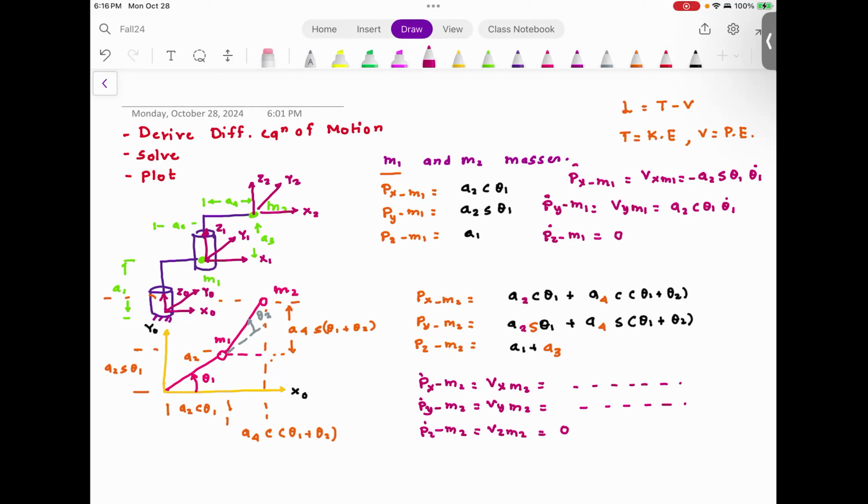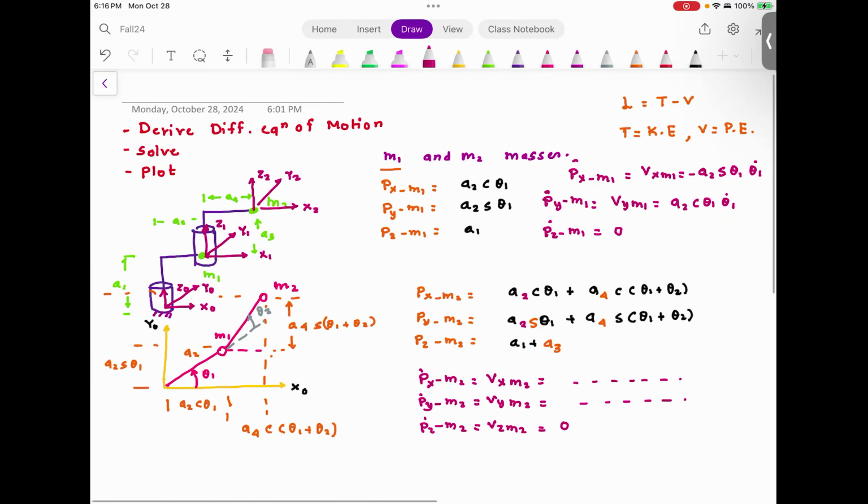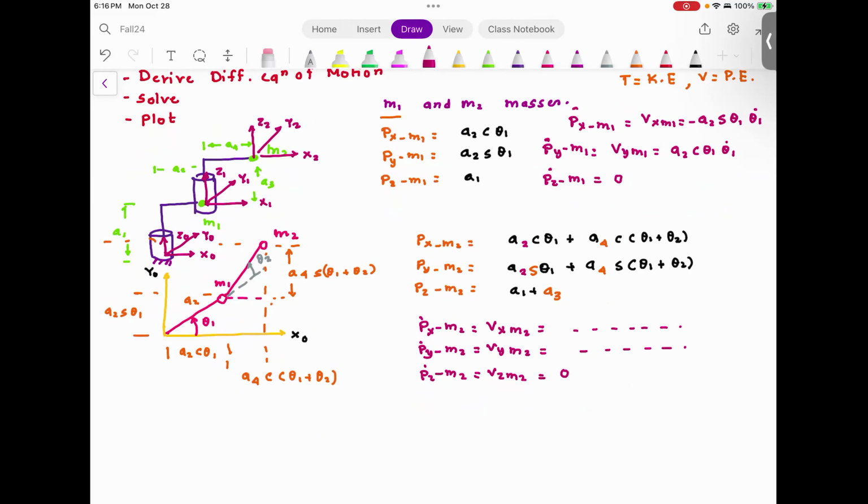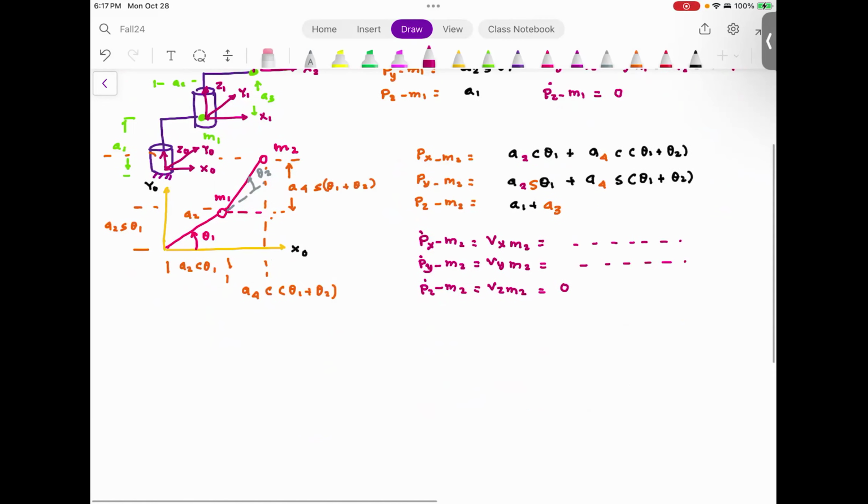But if you follow the process that we have studied, what would you do? First, you will draw the kinematic diagram. Then you will assign the coordinate system. Then you would find the rotation matrices, and then you will find out the homogeneous transformations. Everyone remember?